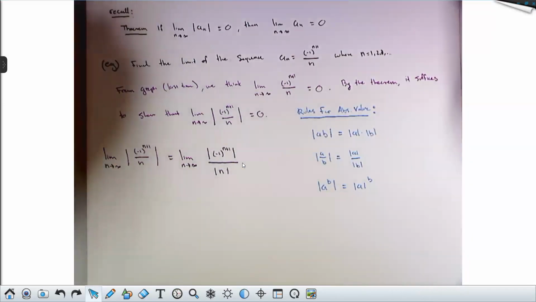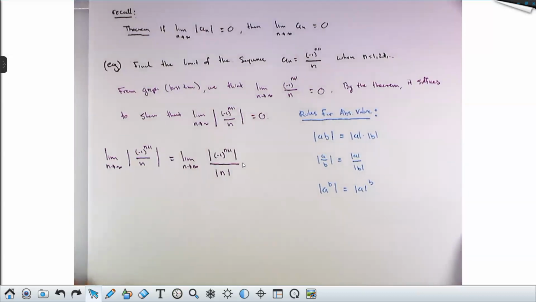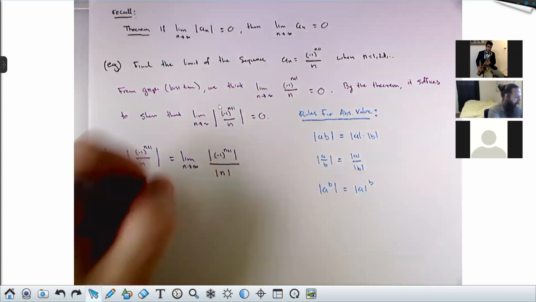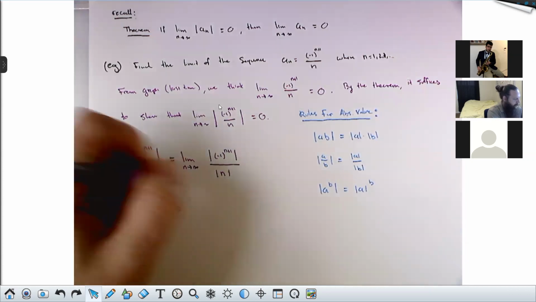Absolute values split up nicely over multiplication and division. Downstairs here, the absolute value of n, since n is going to positive infinity, remember n, the variable we use for sequences, is always positive, right? We never use a negative value for n in the sequences. The domain of the sequence is either 1, 2, 3, and so on, or 0, 1, 2, 3, and so on, none of which are negative. So downstairs, the absolute value of n is just n.